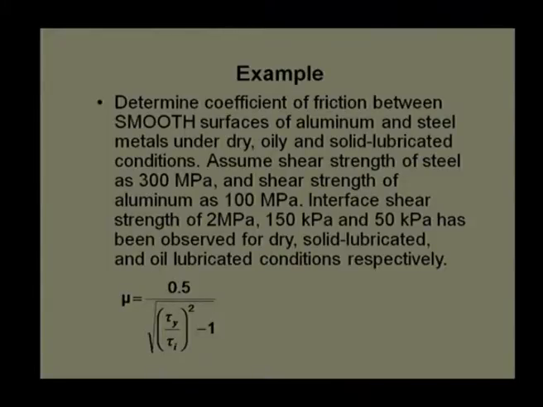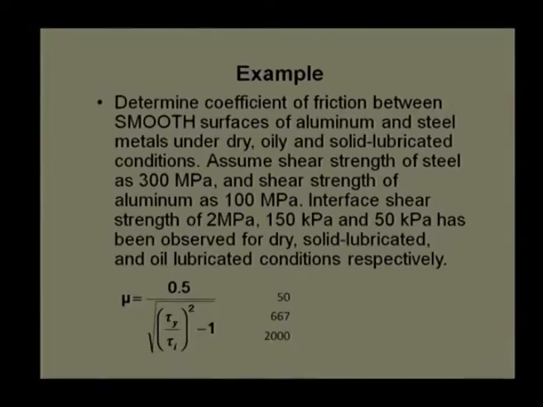It is not the absolute material shear strength which decides, but the ratio of interface shear strength to bulk shear strength of the material that decides the overall coefficient of friction due to junction growth.